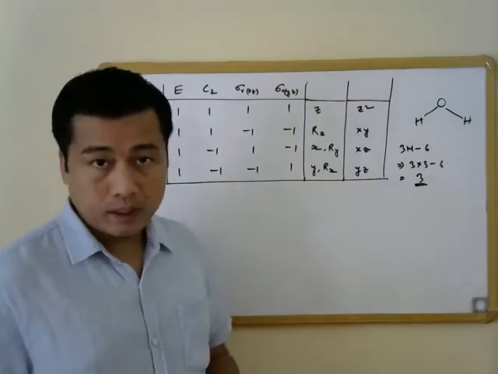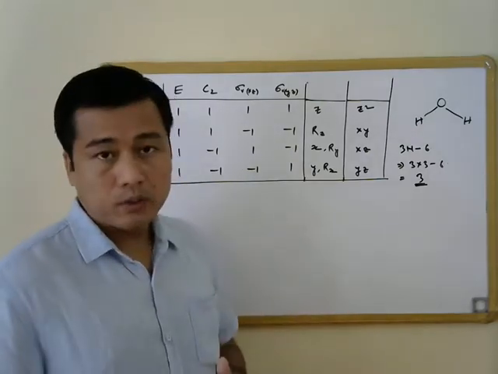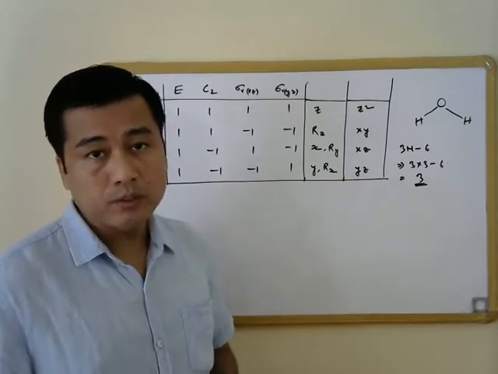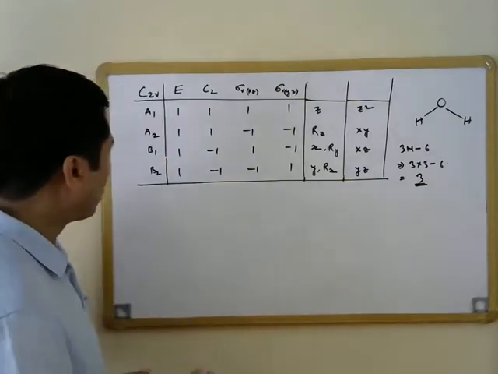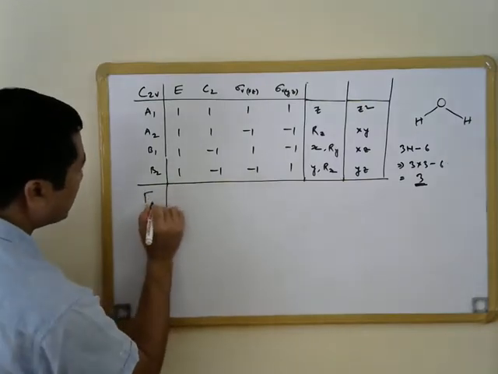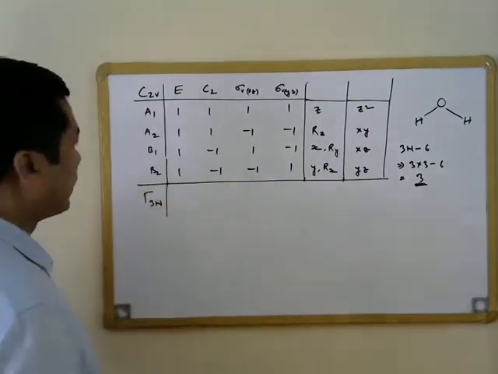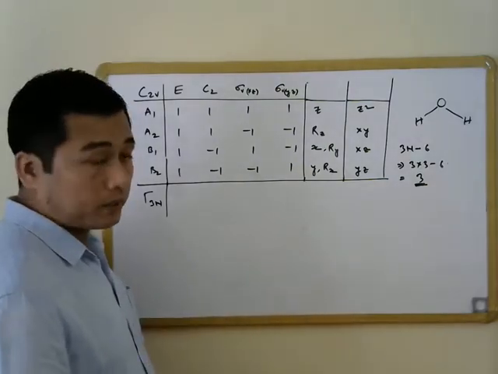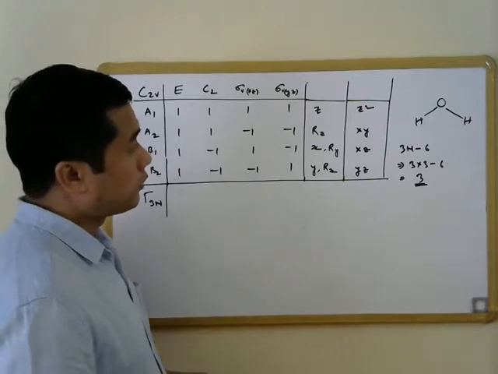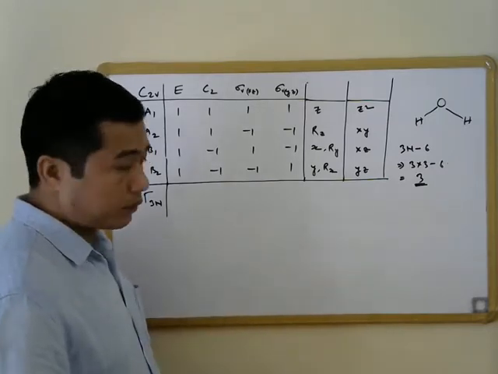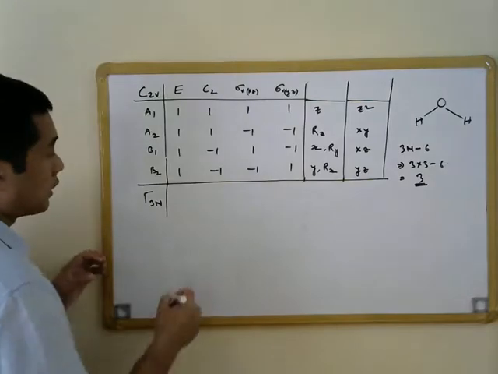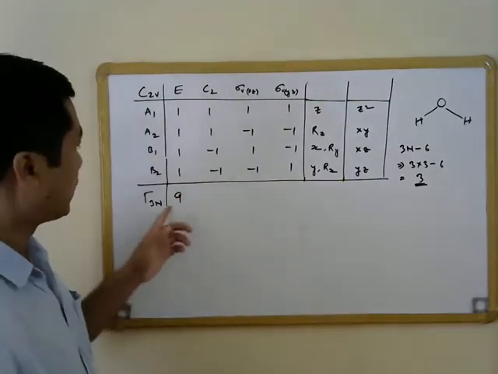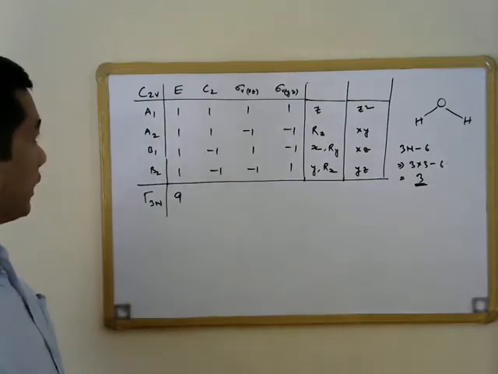Before we begin this, we need to find out the reducible representation by taking the 3n degrees of freedom as the basis. So let us find out gamma 3n for the water molecule. Because there are 3 atoms in the water molecule, if we take the Cartesian coordinates on each of the atoms as the basis, then there are a total of 9 vectors, and the character of the identity operation is going to be equal to 9.